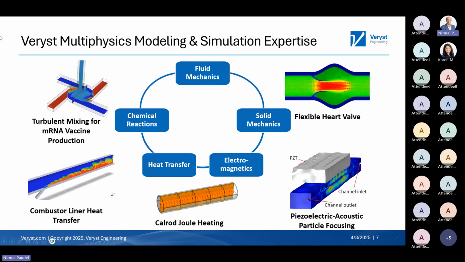And here are a few examples, not an extensive list. On the top left is the turbulent mixing of mRNA vaccine production, coupling the flow with chemical reactions. On the bottom left, we have combustor liner heat transfer, a multiphase flow with heat transfer.